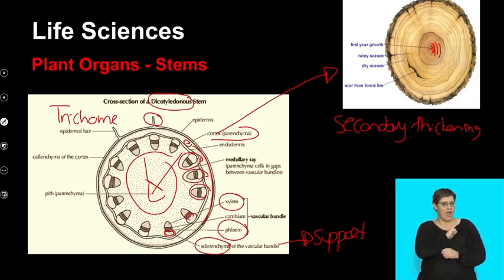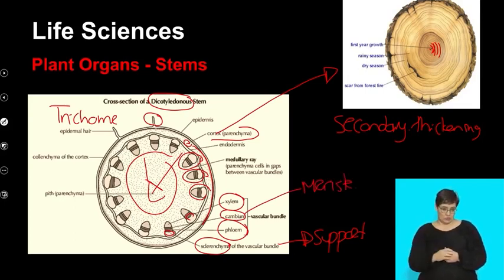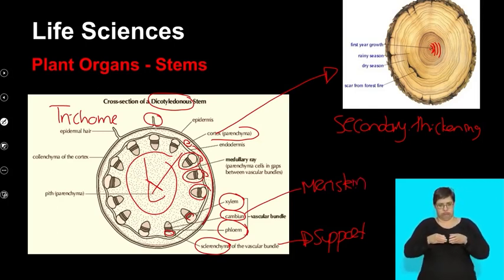And the reason why we can do that is new xylem and new phloem grow because they've got cambium, meristematic tissue. Remember what I said? Meristem is areas that are going to grow wide.